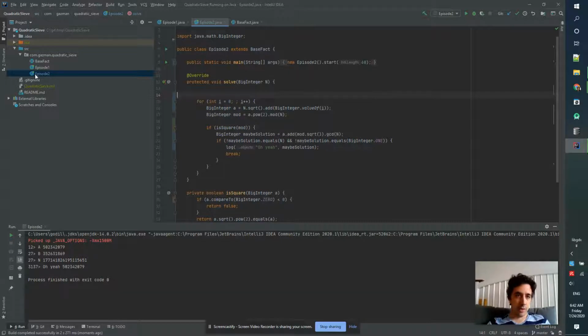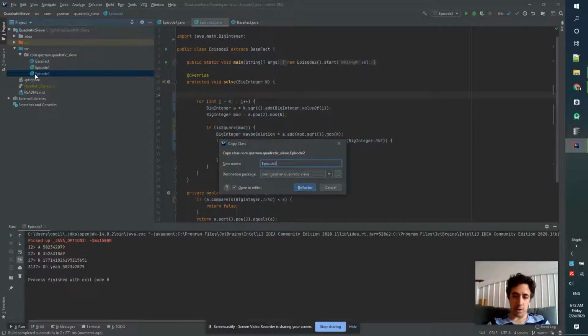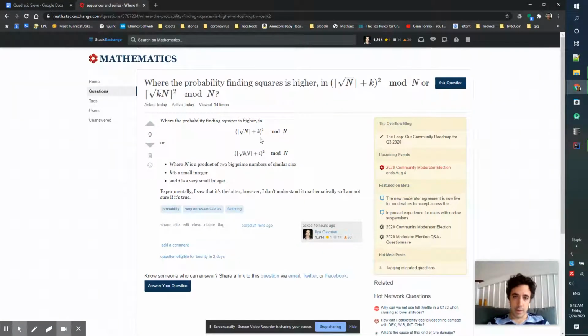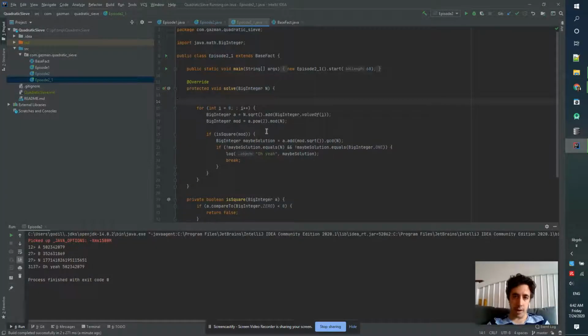Another improvement that I want to talk about on top of congruence of squares, let's call it episode 2.1, is adding a k. So we've been looking into values of square root of n plus a small value, right? Let's call it k.